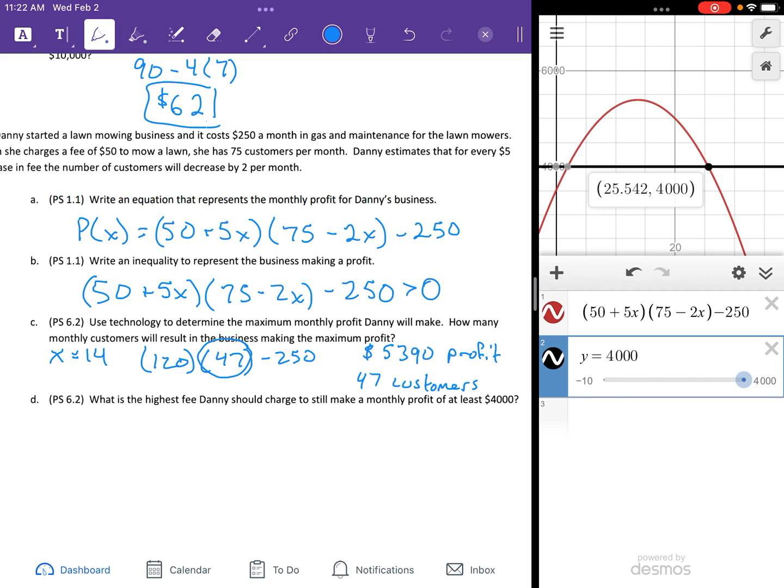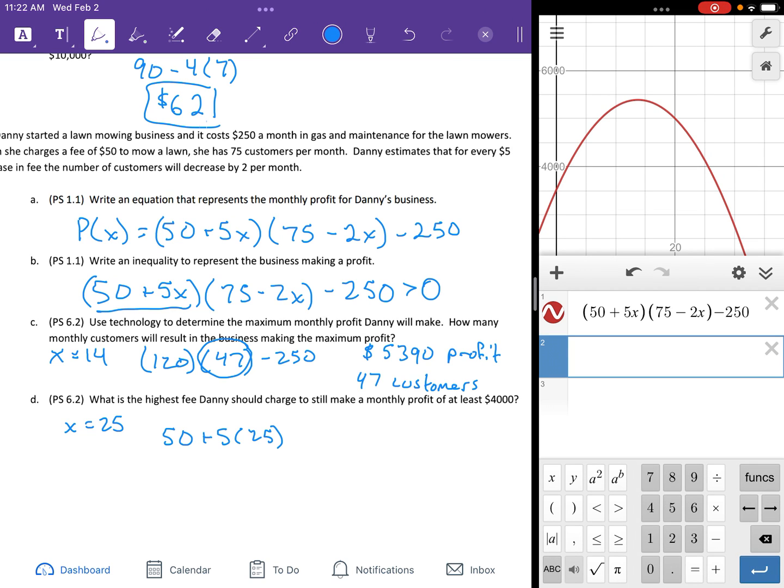We're going to go below the $4,000 mark, so we have to round down to just 25. So her x is going to be 25. So we're looking to figure out the highest fee. So we put that into the money part, which is the 50 plus 5x. So if we do 50 plus 5 times 25, we'll get our answer. So 50 plus 5 times 25 gives us $175.